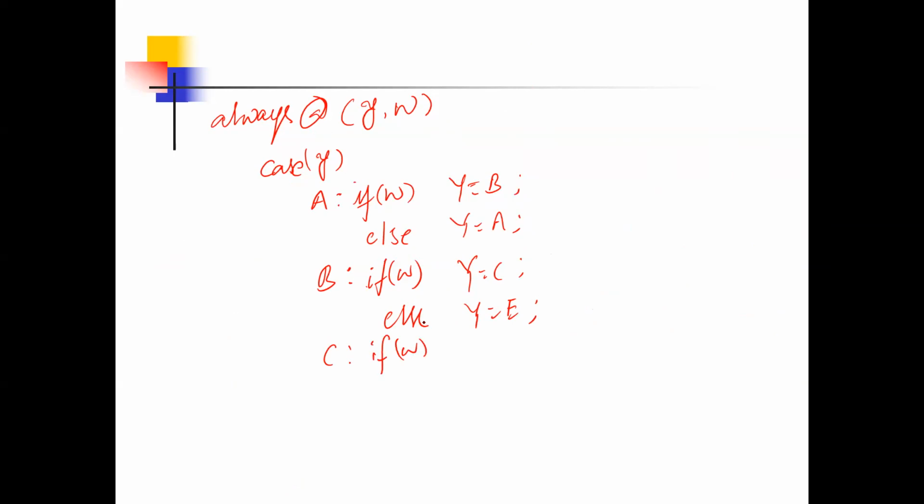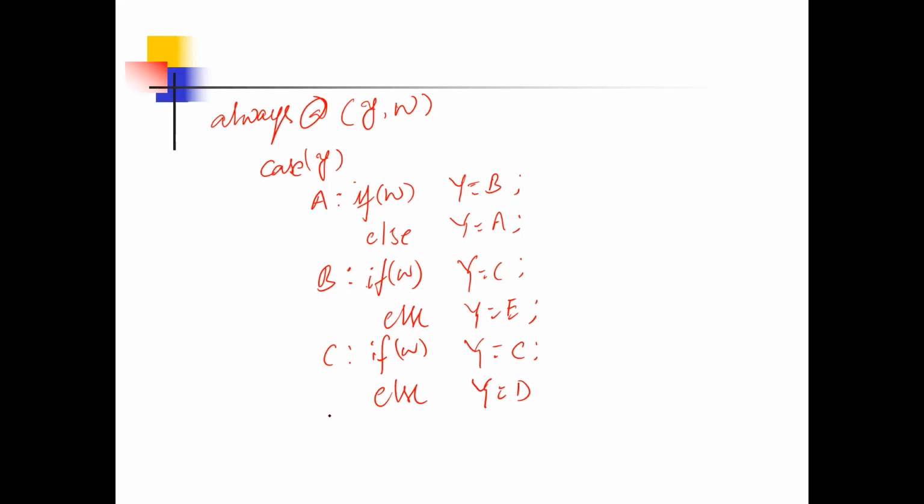Suppose you are at C state. So current state is C. Then if W is equal to 1, input is 1, then next state is C. Yes. Otherwise the next state is D.